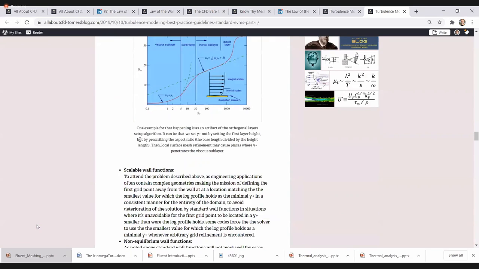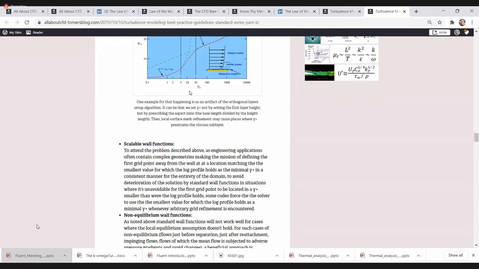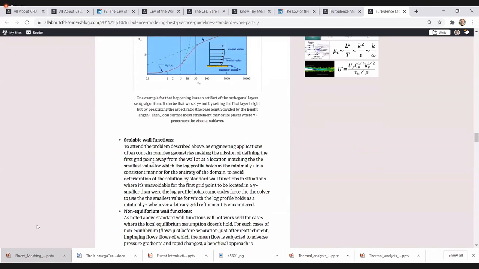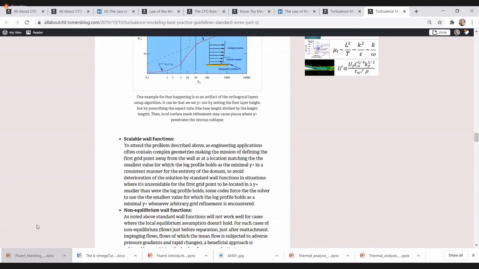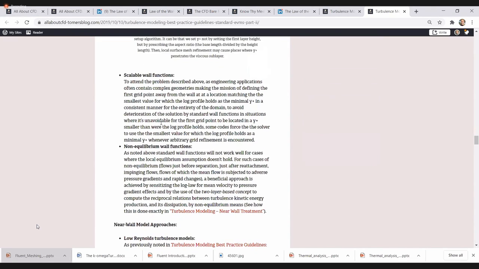Near wall behavior, we've talked about it. Standard wall functions, and scalable wall functions, which exist in every vendor's software. It decides whether you're in the log layer or in the viscous sublayer.